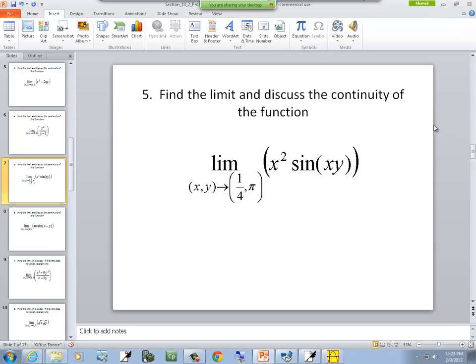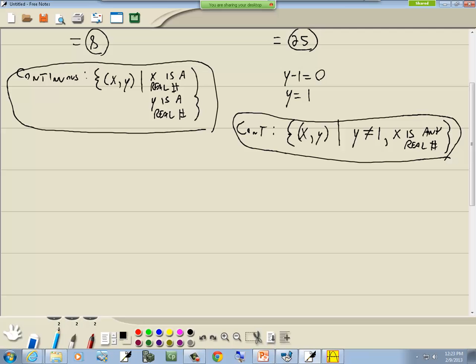Okay, let's look at this one. Find the limit as (x, y) goes to (1/4, pi) of x squared sine xy.